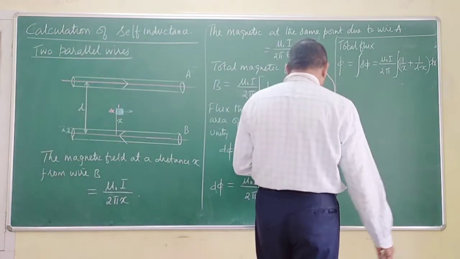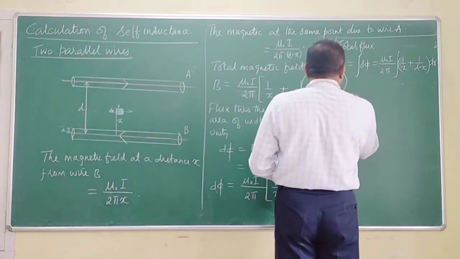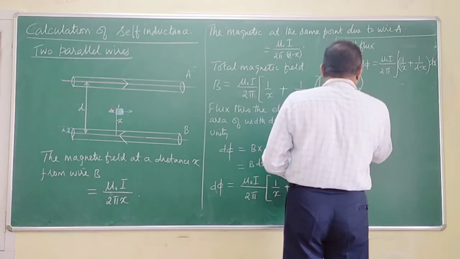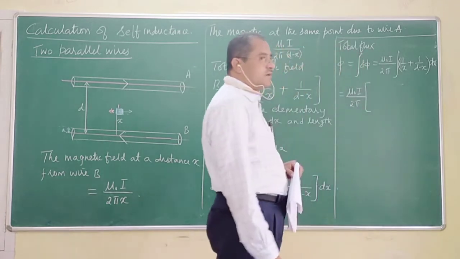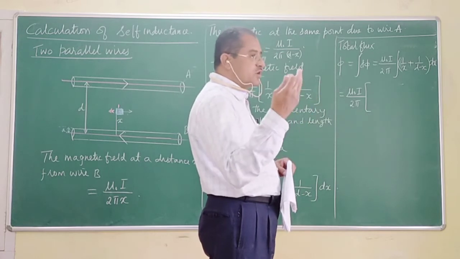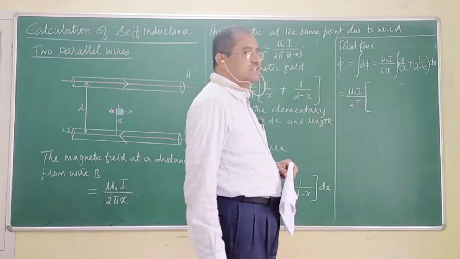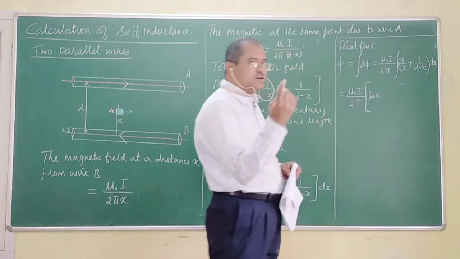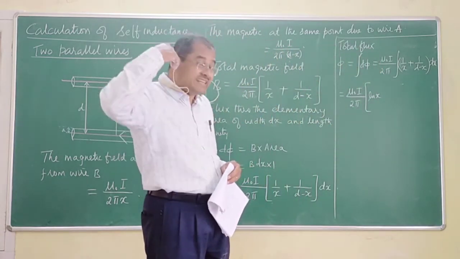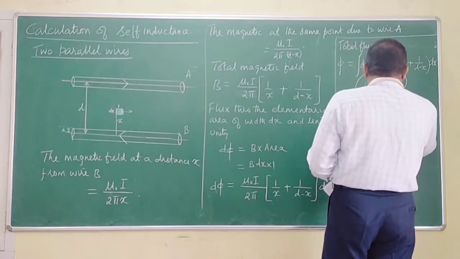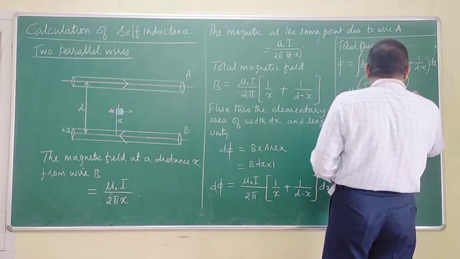So if I integrate this, I will get mu naught I by 2 pi times ln x. If I express it in terms of log to the base 10, I have to multiply by 2.303. Instead, I will write ln x, so I need not multiply by 2.3. I am directly taking the natural log. Minus ln of (d minus x), if I integrate this. Okay.